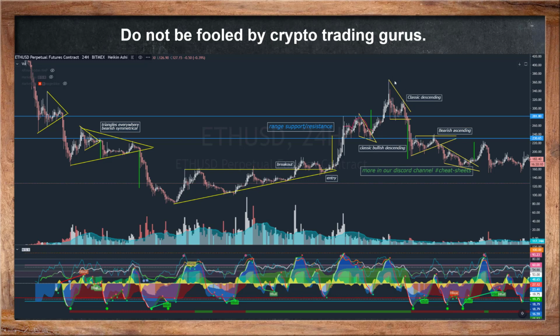When I say classic, I mean textbook patterns. Descending triangle, and even though it's similar in properties to this one, it actually is a reversal pattern, not a continuation. So how do we know which one's which? Well, stick with me. Here's another bearish ascending. See, it's the same as here, except this time it actually went down nicely and confirmed the bearish signal.